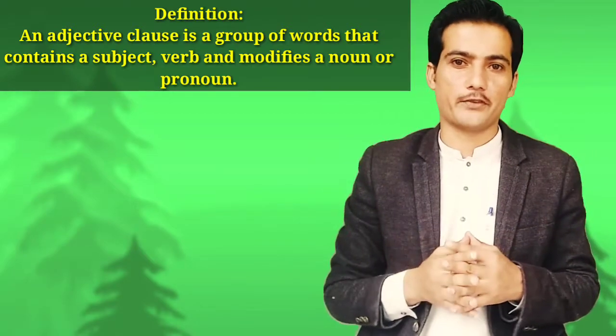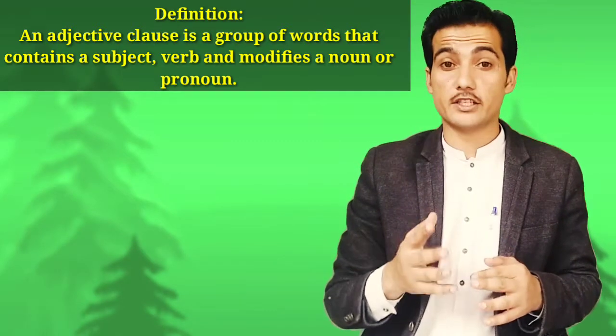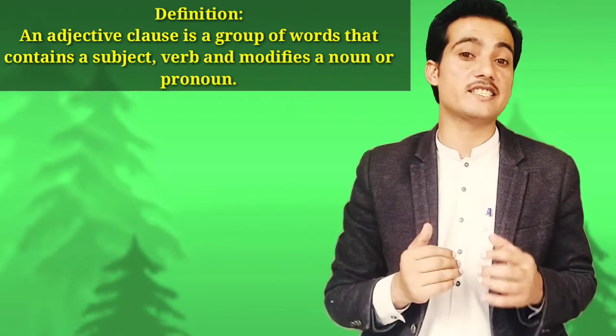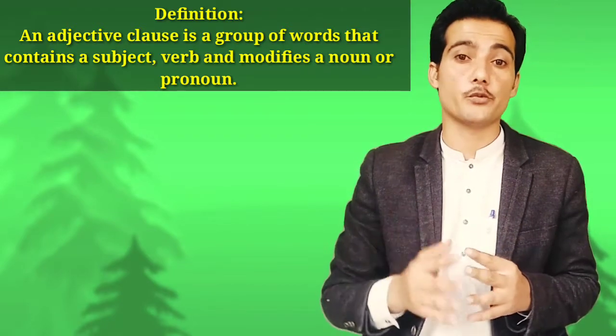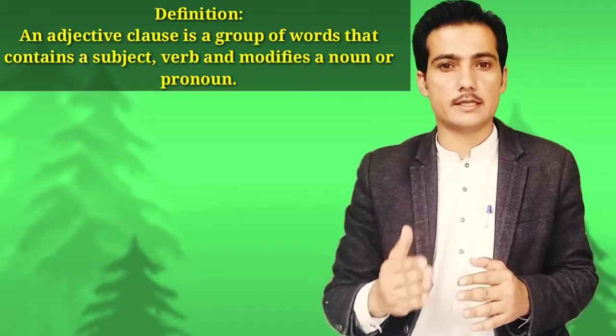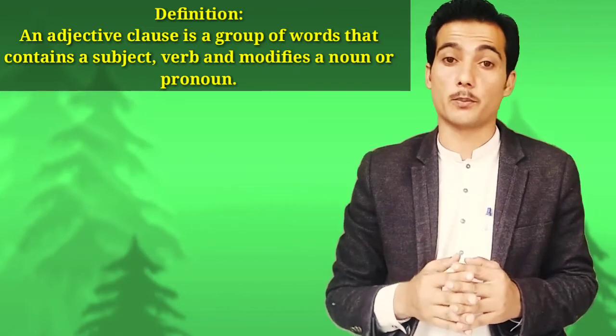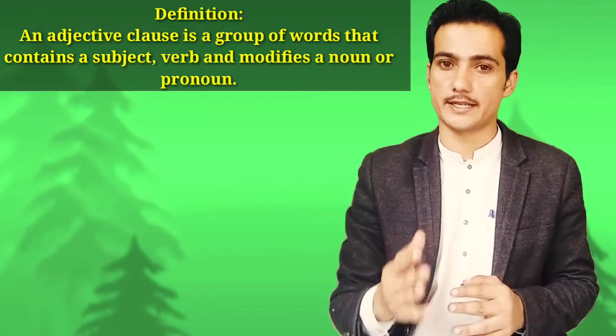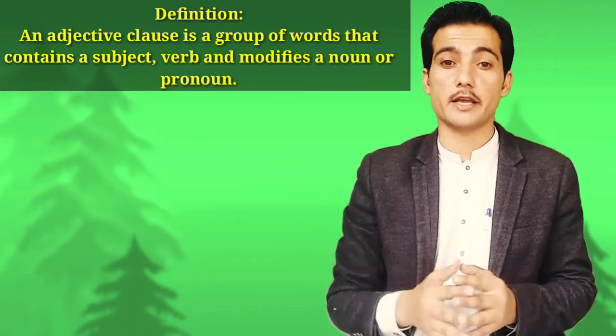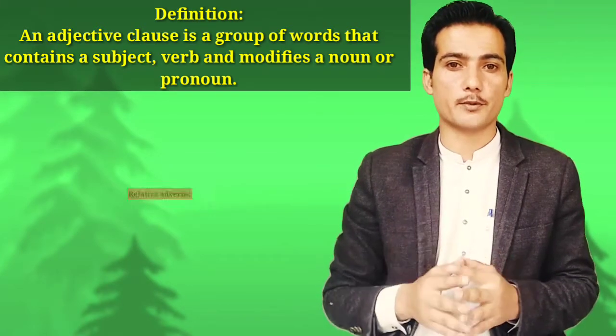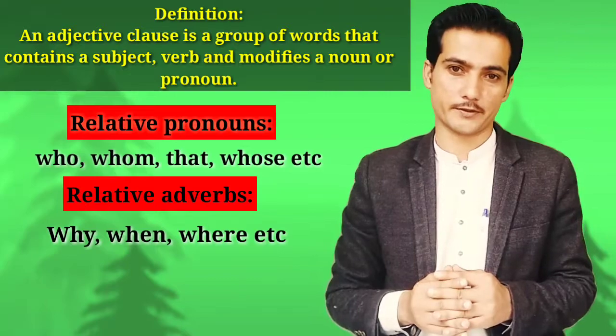Apart from this definition, let me teach you an extremely easy way to identify an adjective clause in a sentence. The method and the clue is relative pronouns and relative adverbs.